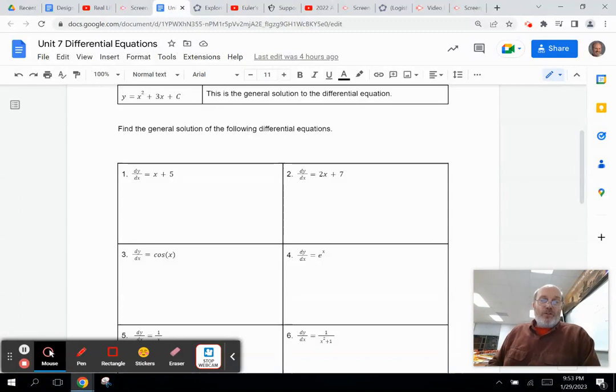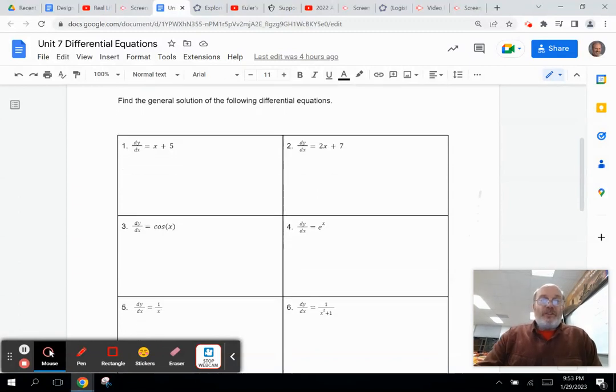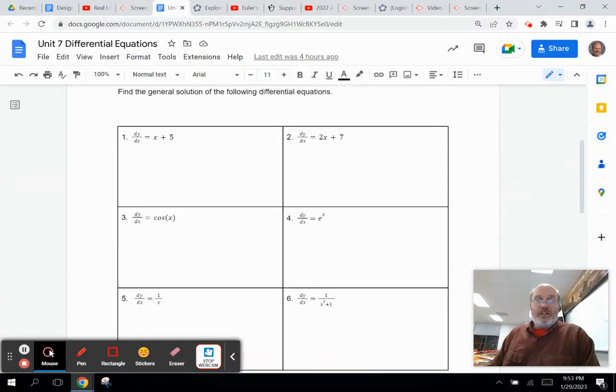So here, I want you to give it a shot and see if you can find the solution to these 6 really easy differential equations. Remember, when we integrate, we multiply both sides by the differential dx, and then we integrate both sides with respect to their respective variables. I'll give you a few minutes to do that.